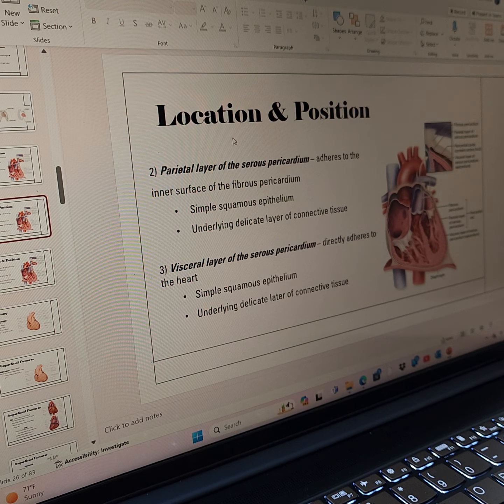It's made up of simple squamous epithelium and underlying delicate layer of connective tissue.